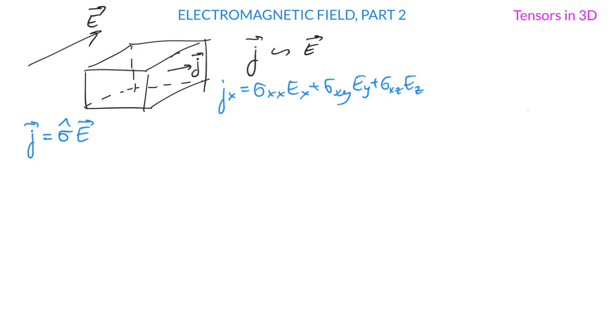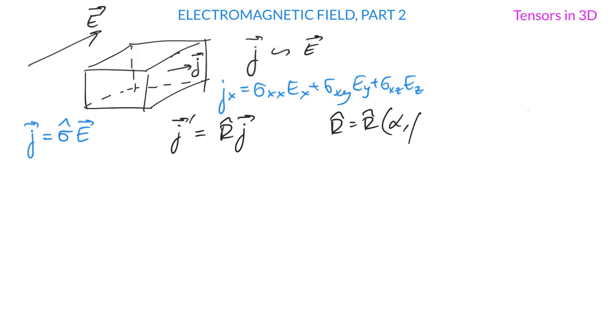Let's see how this works explicitly. So first, let's recall the property of the matrices that generate the rotations in 3 dimensions. So let's say in reference frame K prime, we have vector J prime that is obtained from J through a rotation matrix R. So R is a matrix that depends on the rotation angles.